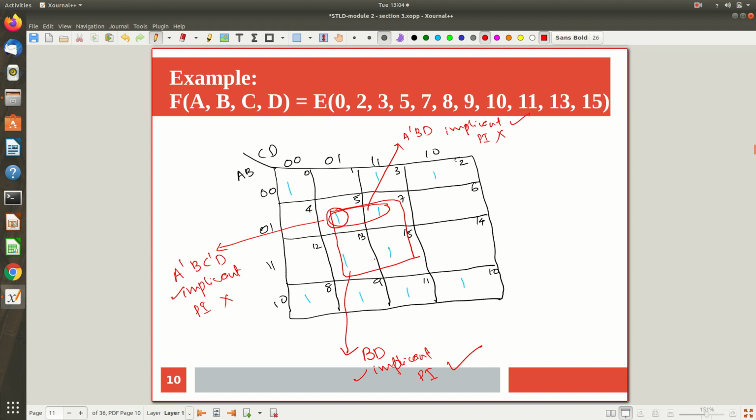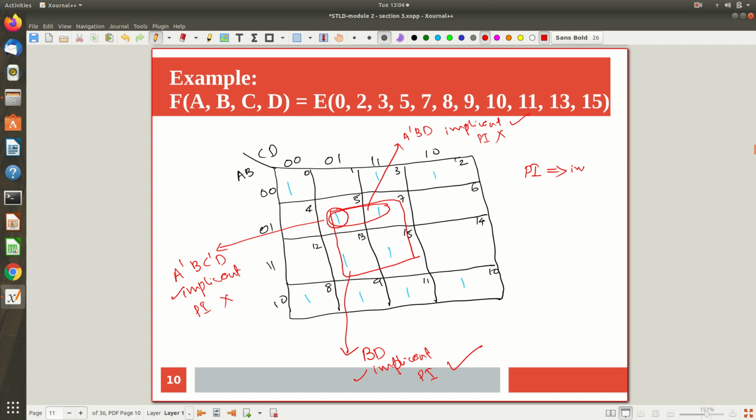Another way is that it should give you the smallest product term. Here, comparing all of them, this BD is smallest. Or in another way, let me give you a different definition for this prime implicant, which is more interesting.